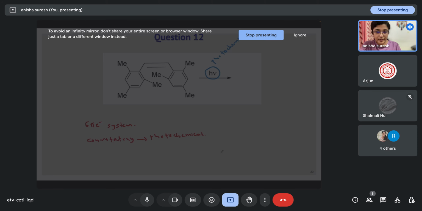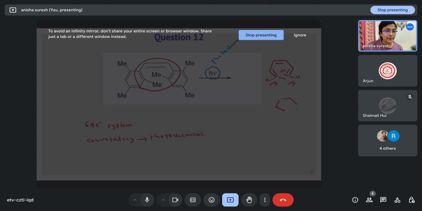So if we are seeing this part, just consider this part alone. The system will be like both methyls are inside. And we will do conrotation. So this methyl will be going, see, this hydrogen will go above the plane if we do conrotation, and this methyl will also go above the plane.